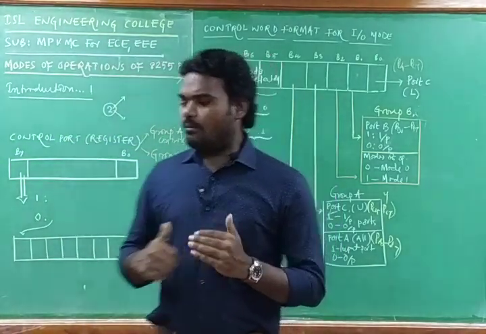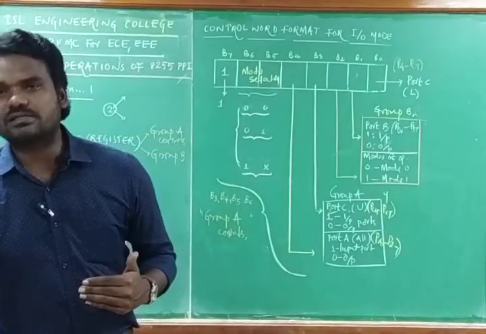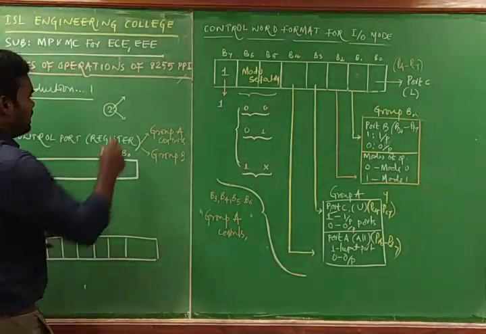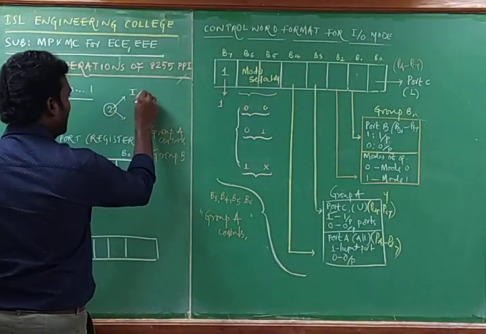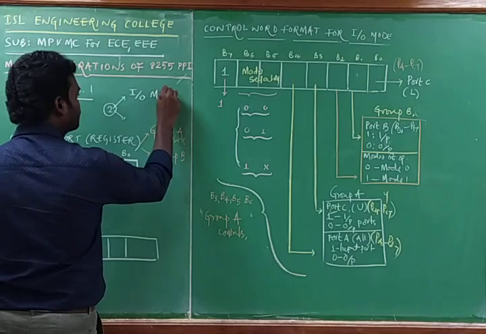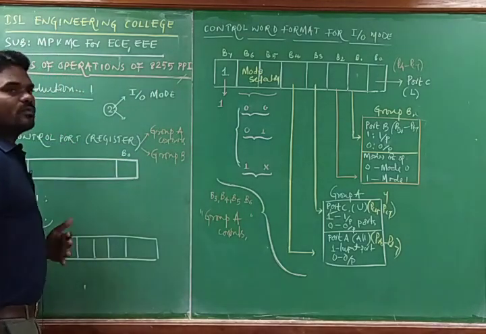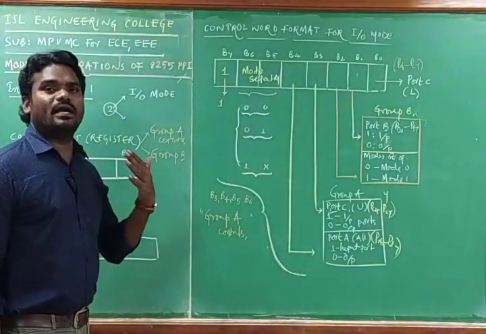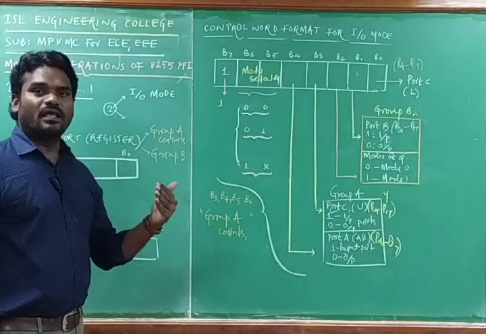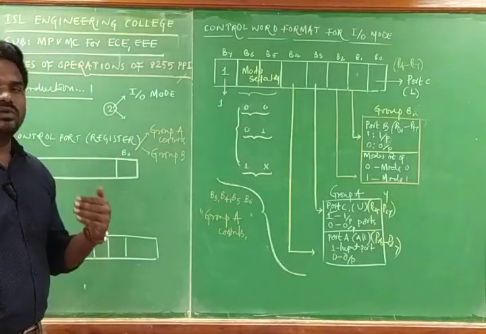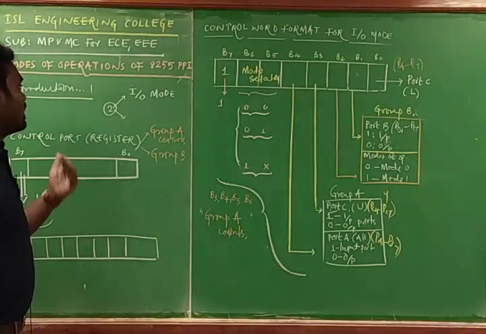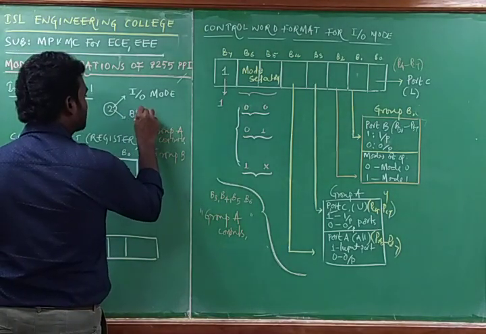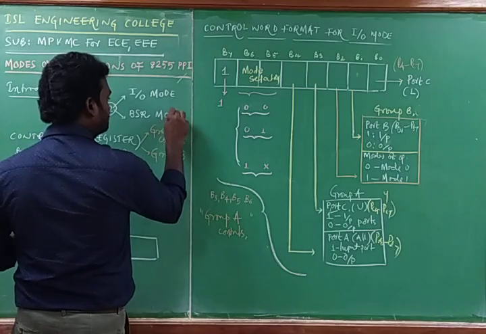That means based on the user program, this 8255 PPI can be operated in the first mode of operation, that is IO mode of operation. IO stands for input and output mode of operation. If the programmer's logic is to operate in another mode of operation, then the programmer is going to program the 8255 accordingly, so that it can be operated in another mode of operation, that is called BSR mode.